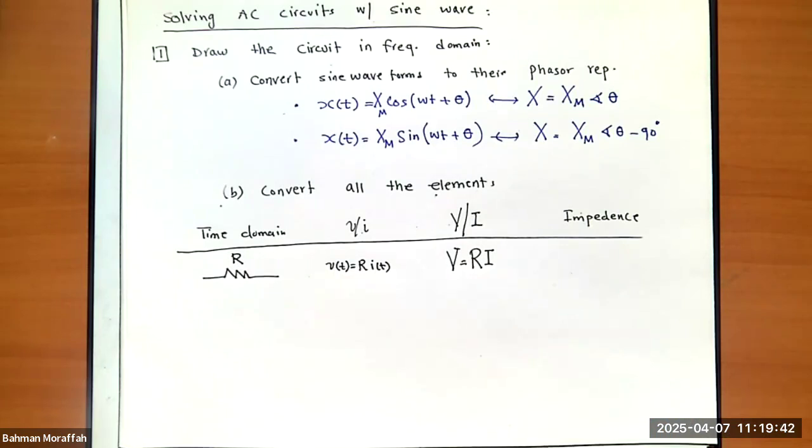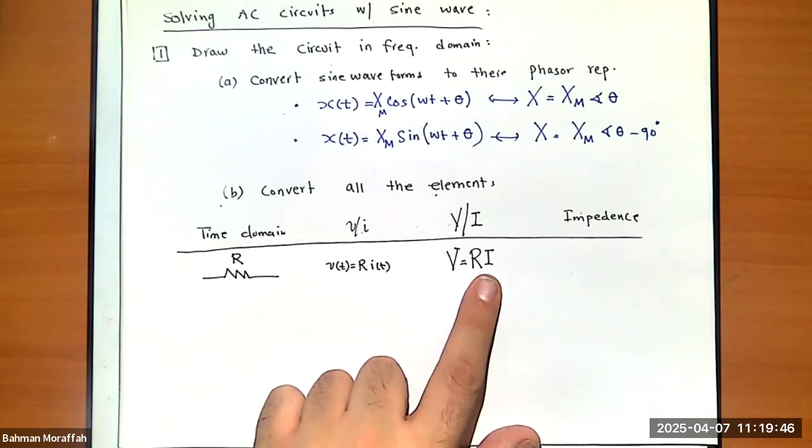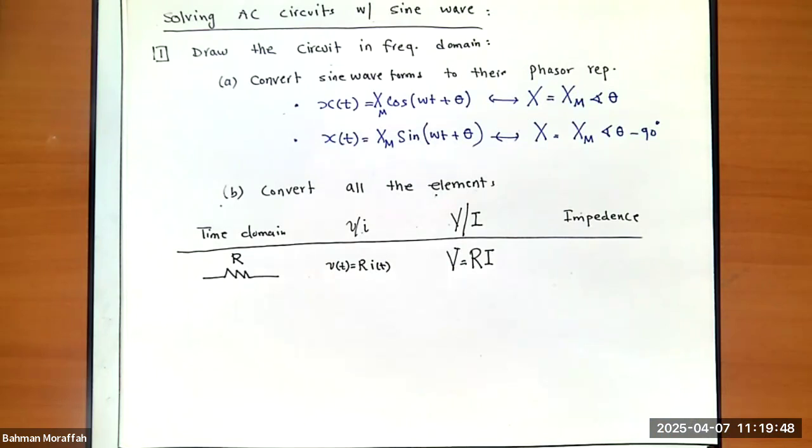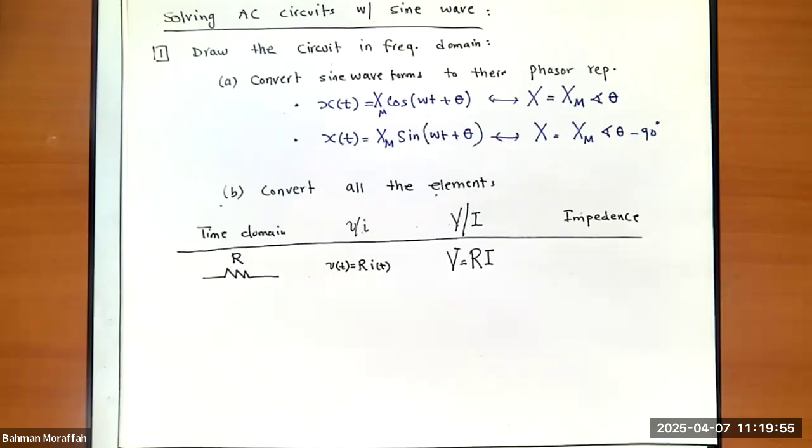And if I want to know, for example, the phase of this V, I know the phase of V is the phase of R plus the phase of I, but R is a real number, so it does not have any phase. So it's 0 plus the phase of I, which means V and I are in sync. Whatever phase I have for V, it's the phase for I. So they're basically in phase.